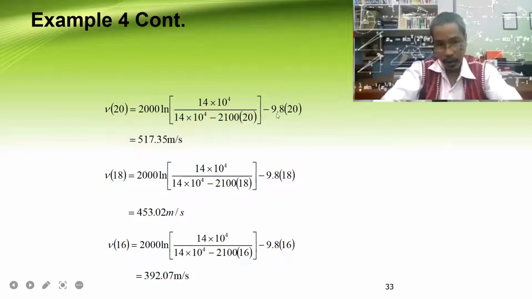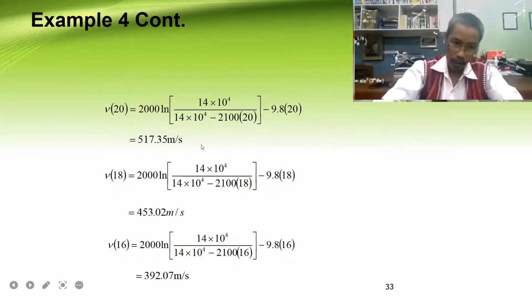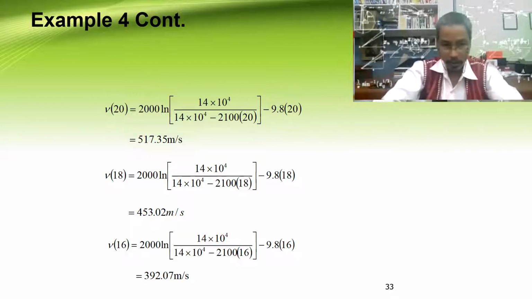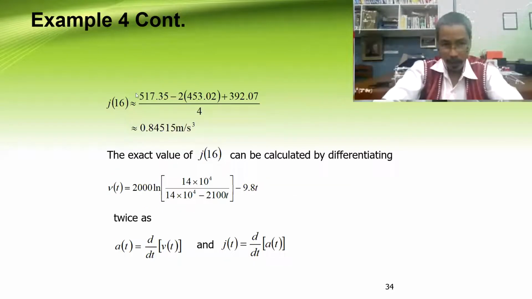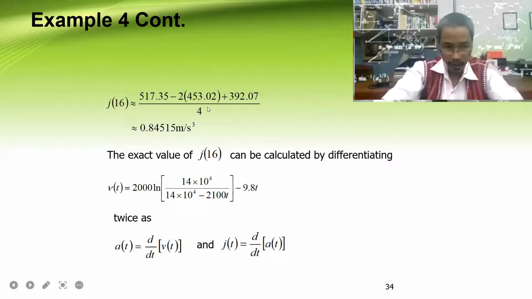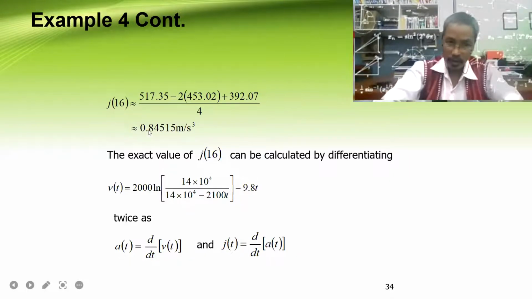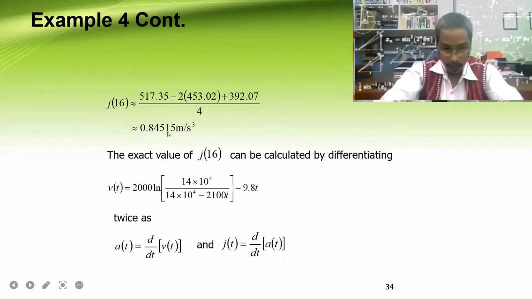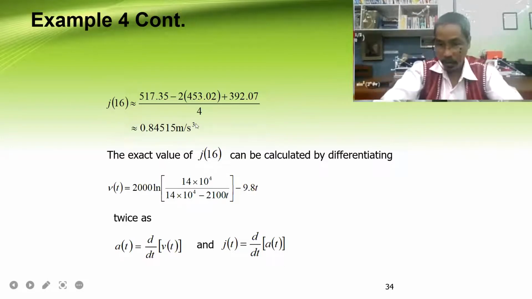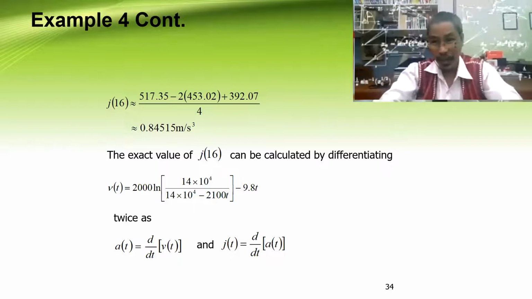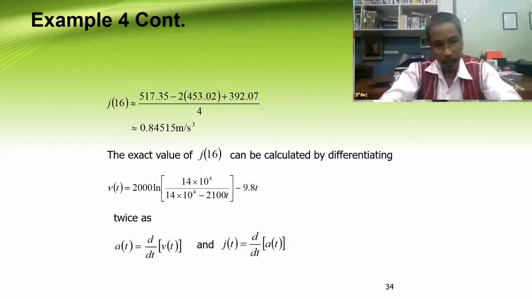So using the values calculated in this page, we can now find the jerk at 16. What is the value of the jerk at 16? Substituting those values, we have 0.8451 meter per second cube. That is jerk.